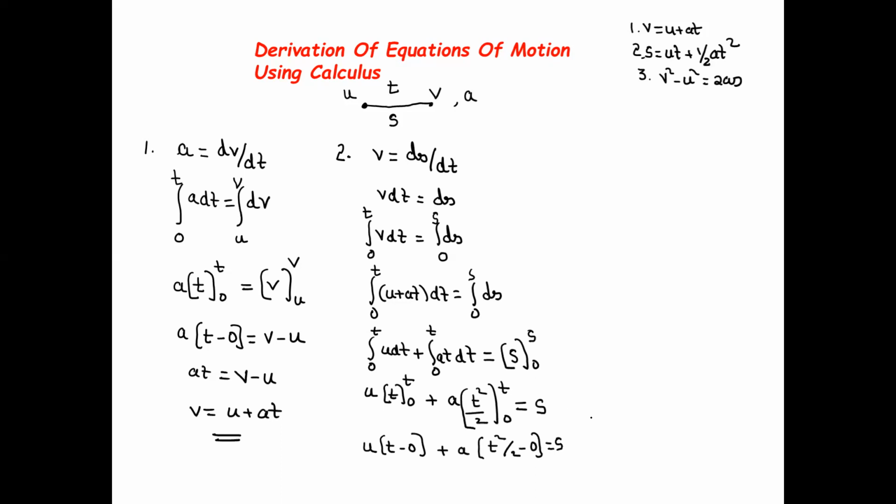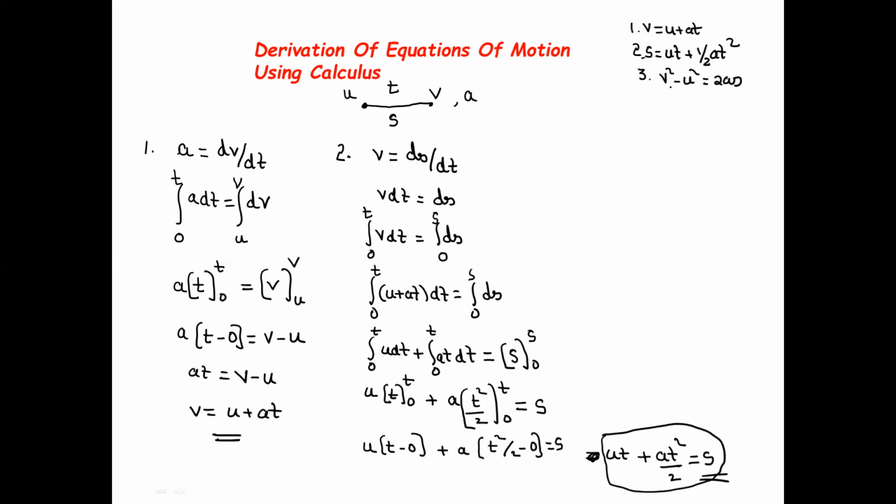So what you will get? ut plus at square by 2 will be equal to s. That is s equals ut plus half at square. So we derived the second equation of motion also.